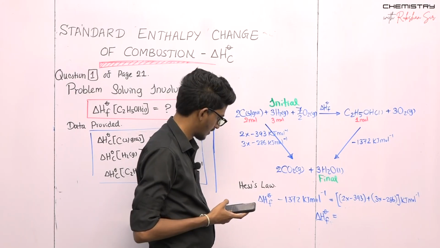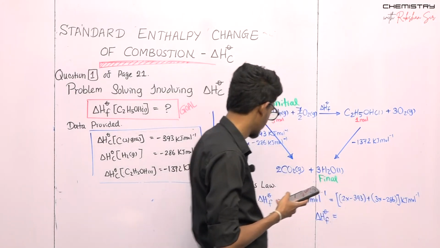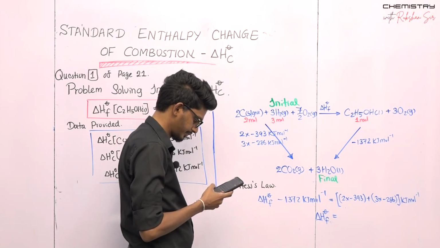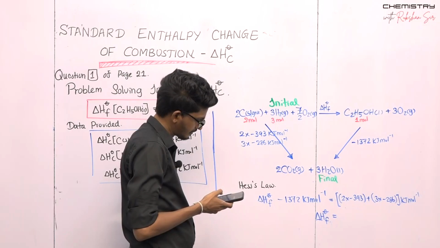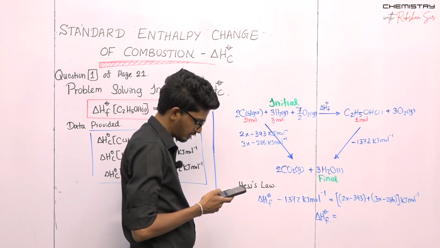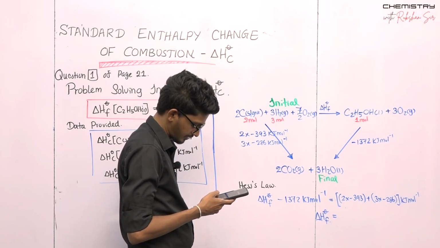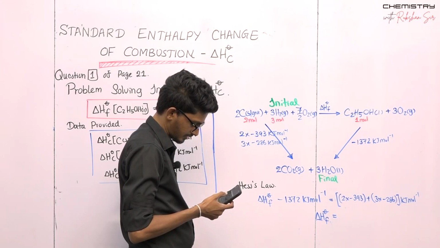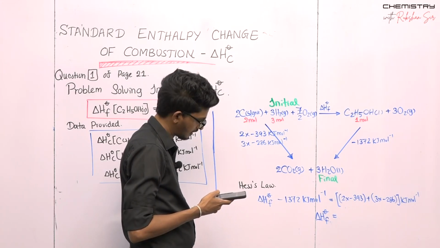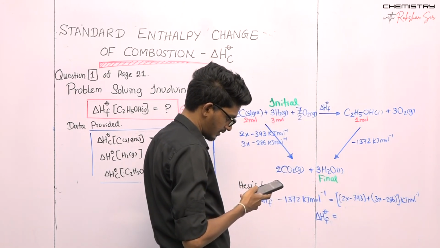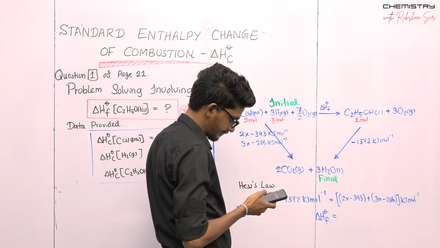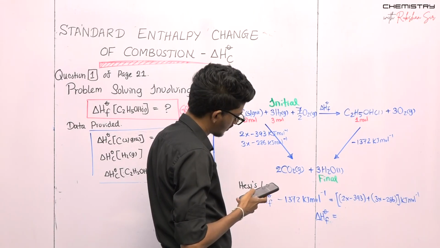So this thing will come to this side, right? Minus these values, no? 2 into 393. Another minus value appearing from here. 3 into 286.